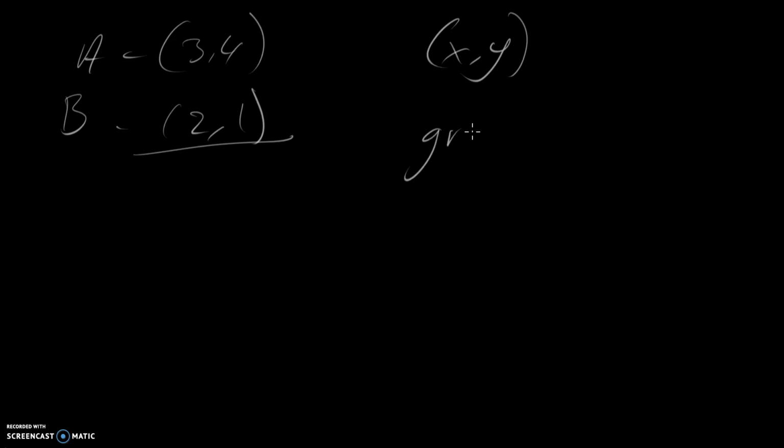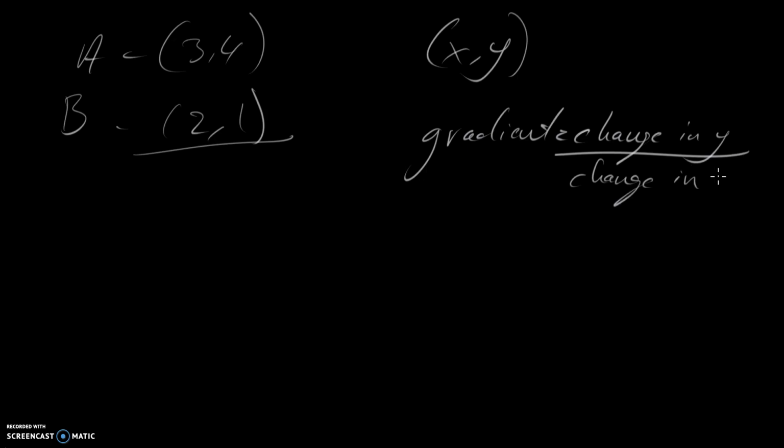So we already know that this is basically written as x and y. And to find the gradient, we do change in y over change in x. Change in y over change in x.